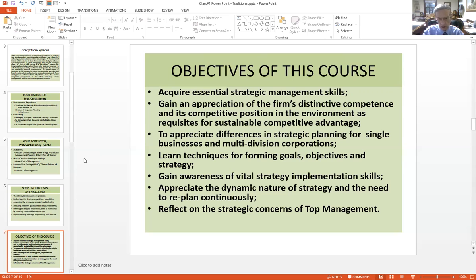So then you'll also learn some techniques for forming goals, objectives, and strategy. Become aware of the difficulty and capabilities required to implement strategy. You'll appreciate the dynamic nature of strategy and the need to plan and replan continuously.